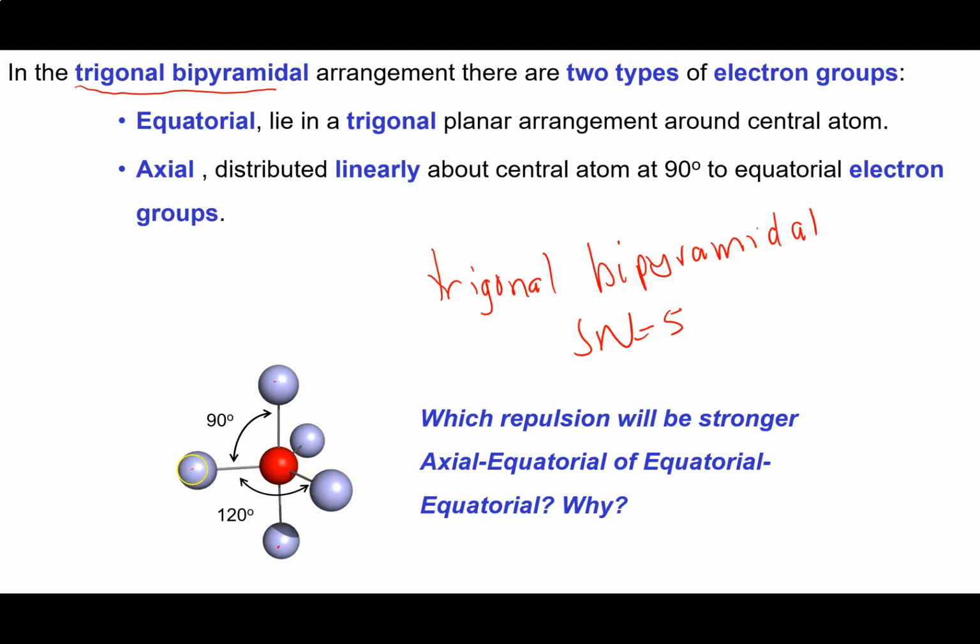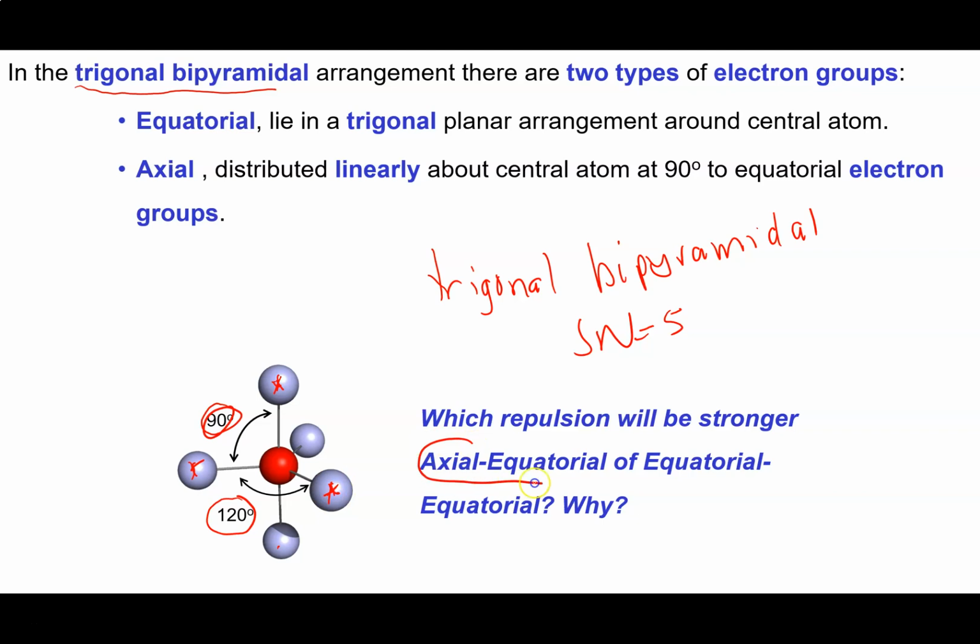The interesting thing is that the bond angle between the equatorial electron groups is 120, whereas the bond angle between the axial and the equatorial electron groups is 90 degrees. So I'm going to get greater repulsion between axial and equatorial groups than between equatorial groups.